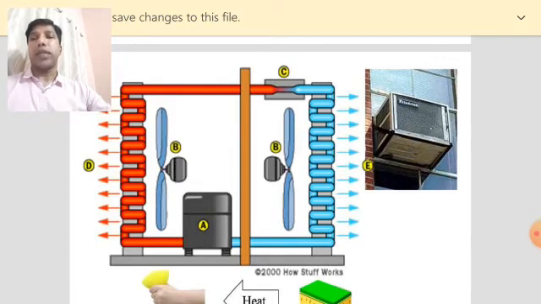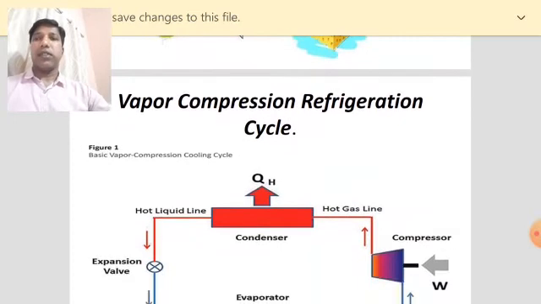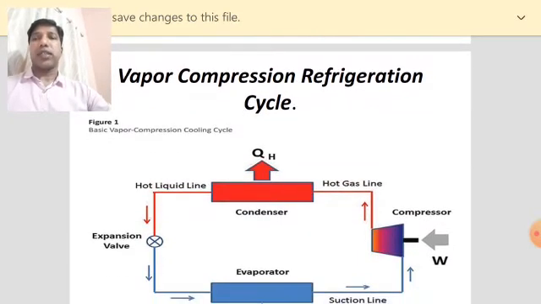Now this is the simple vapor compression refrigeration cycle. You have the components like a compressor, a condenser, an expansion valve, and an evaporator. The red color part is the condenser side, called the high pressure side, and the blue color side is the evaporator side, that is the low pressure side.